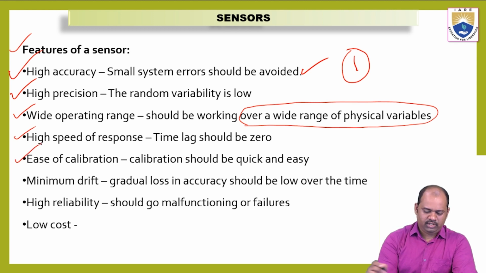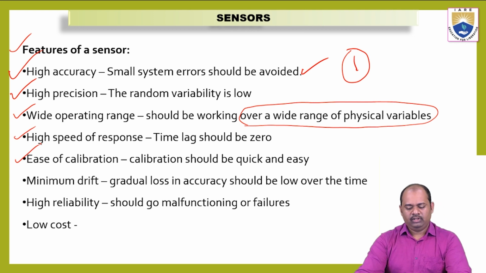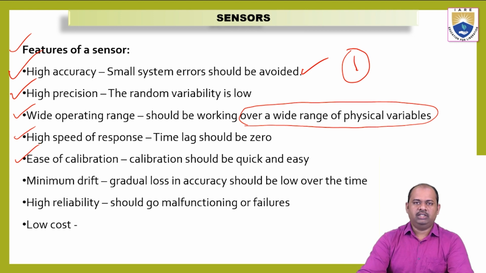Now, next one is ease of calibration. Calibration should be quick and easy. Now we have seen already what calibration is. Calibration is nothing but we have to calibrate the system according to the physical parameters of the manufacturing unit. Depending on the particular machine, a sensor should be calibrated.